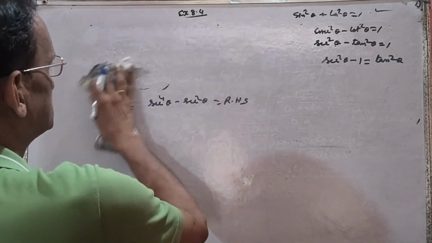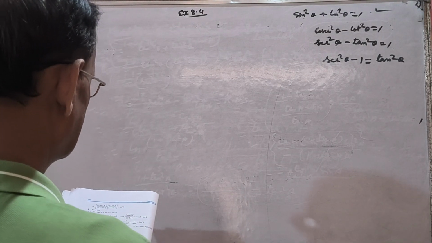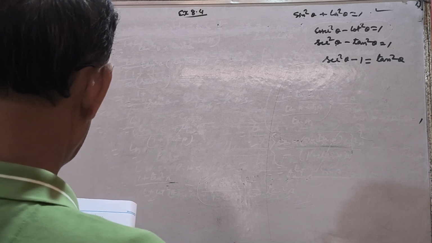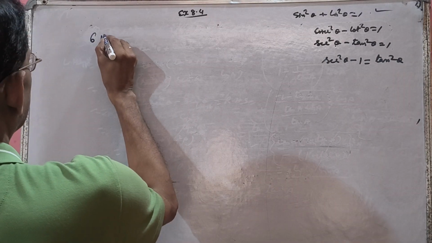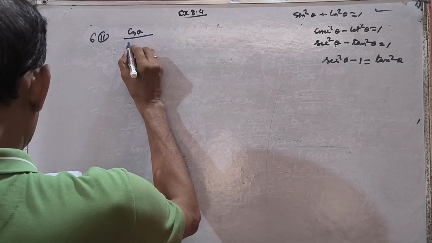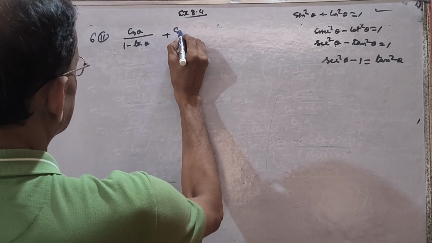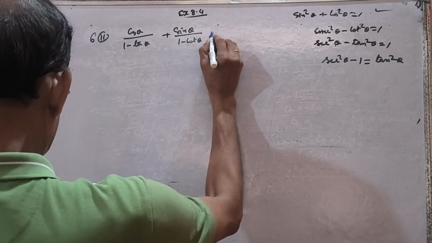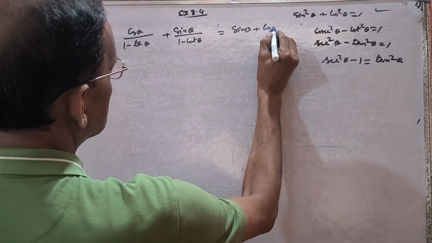Okay, then 6 number 2, I am doing. Not similar to number 5, 6 number 2. What is there? Cos theta by 1 minus tan theta plus sin theta by 1 minus cot theta. We need to prove it equals sin theta plus cos theta.